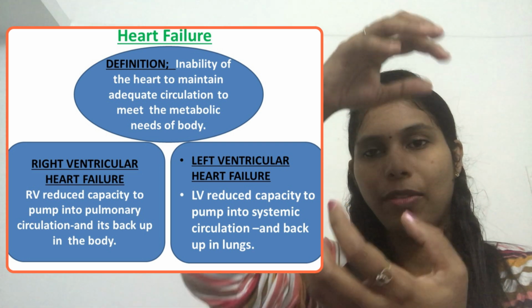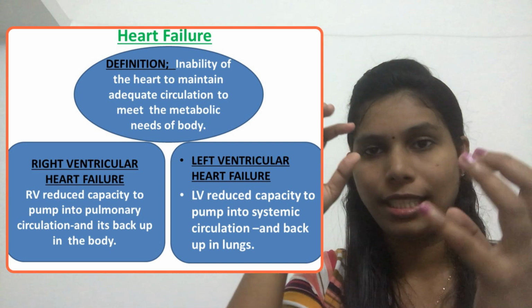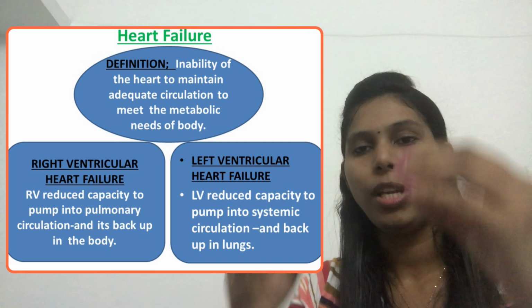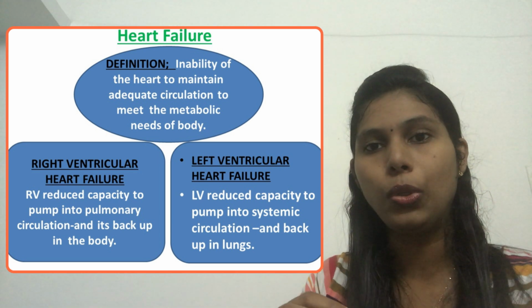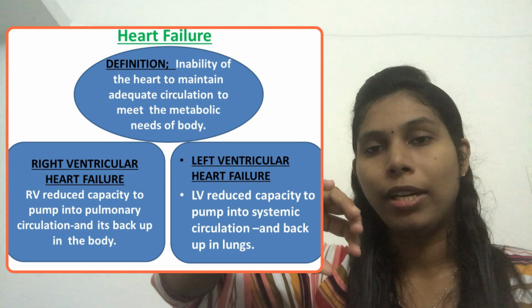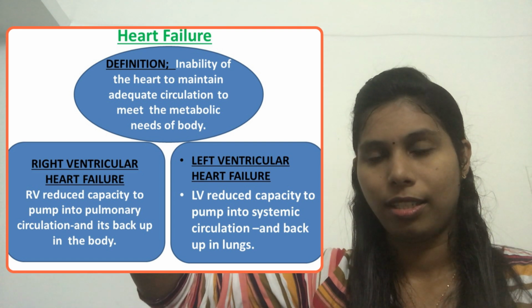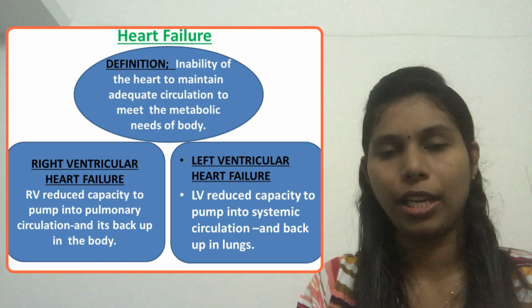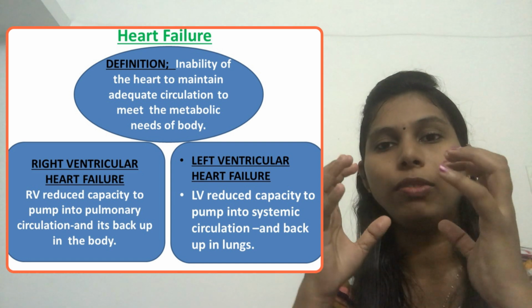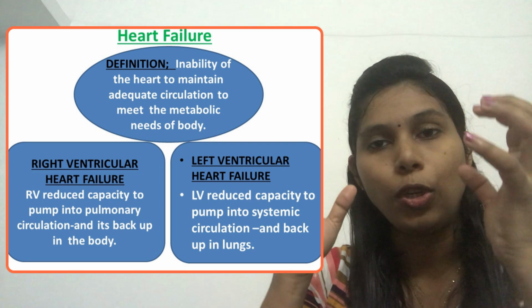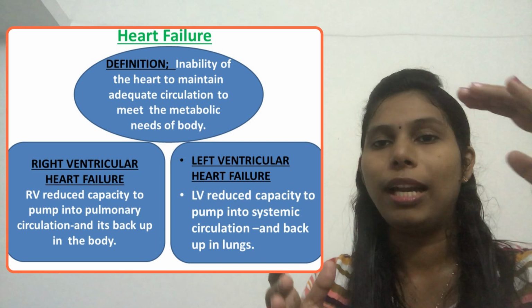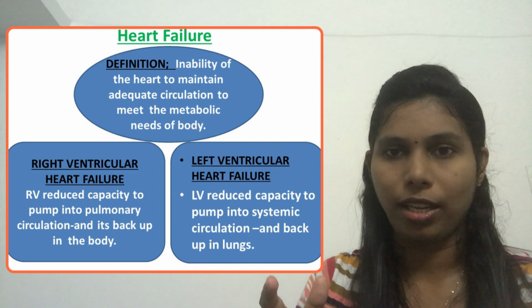We know that the deoxygenated blood comes to the right atrium, then moves to the right ventricle, and it is supposed to go through the pulmonary artery to the lungs. That is the proper circulation. But because of the problem of the right ventricle, which is not properly contracting, the blood will back up where it is coming from.